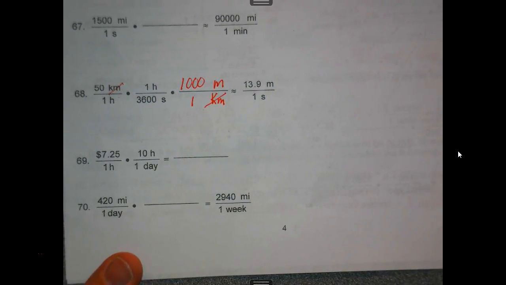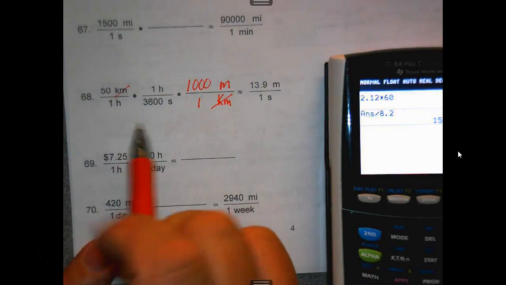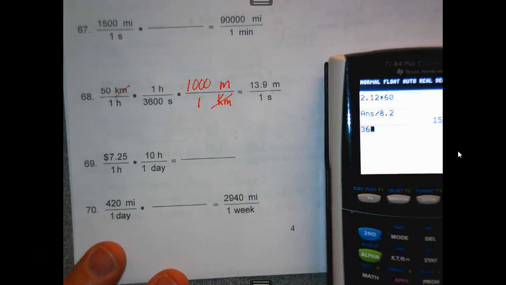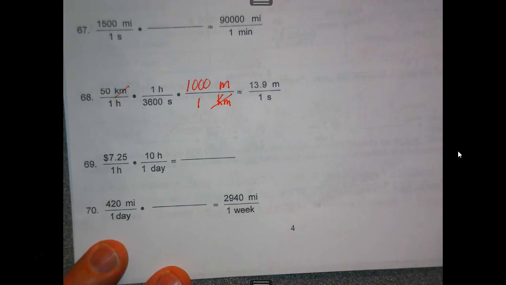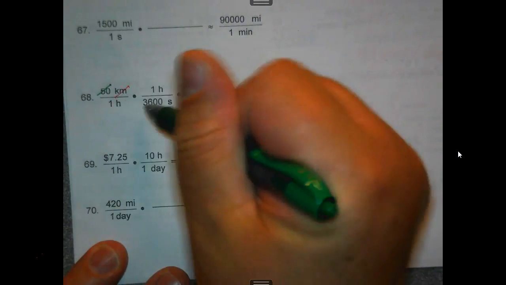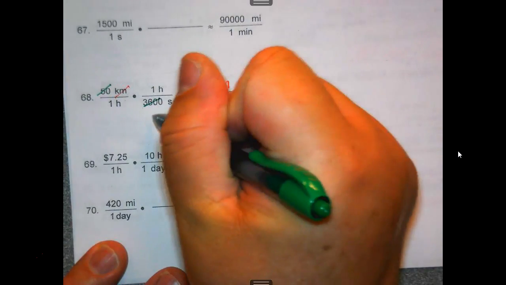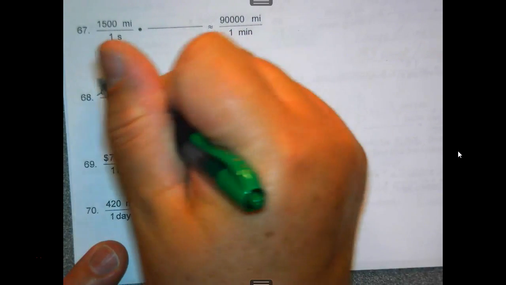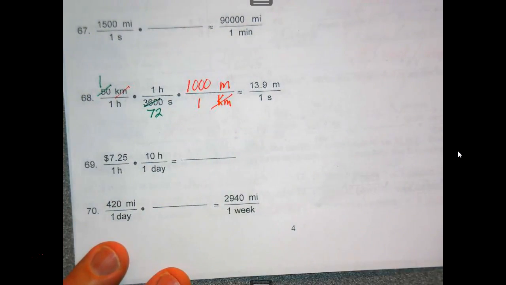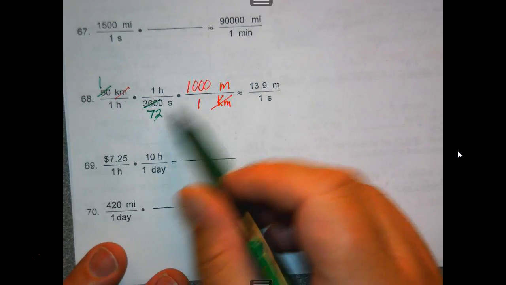Okay, let's cancel out some stuff here. Does 50 go into 3,600? Yes, it does. 50 goes into 3,600 72 times. There's a common factor here.